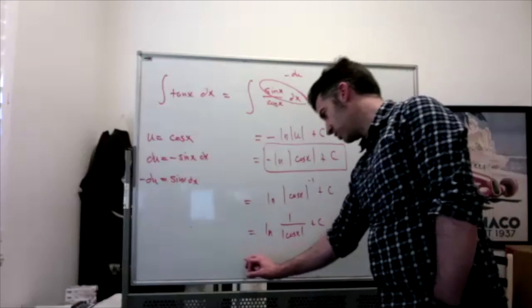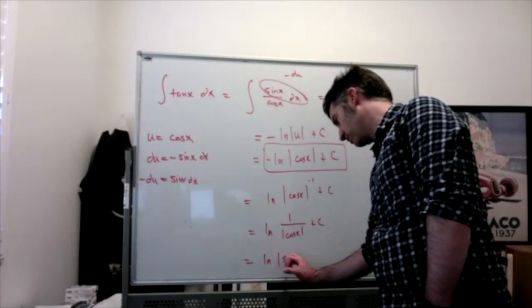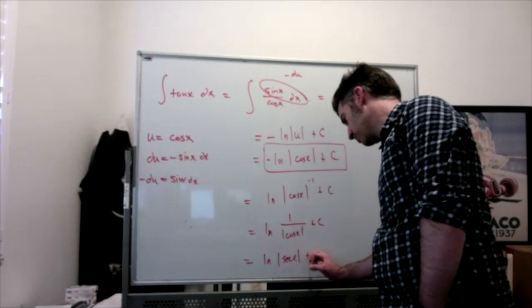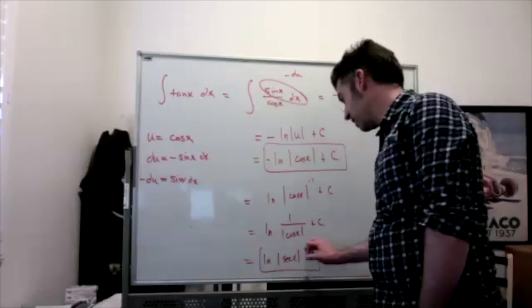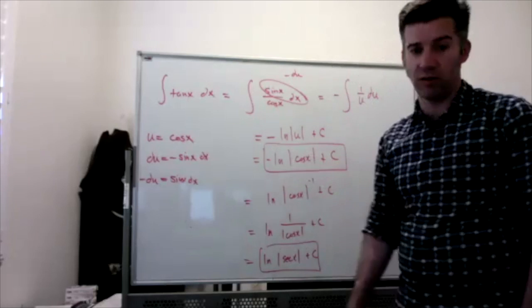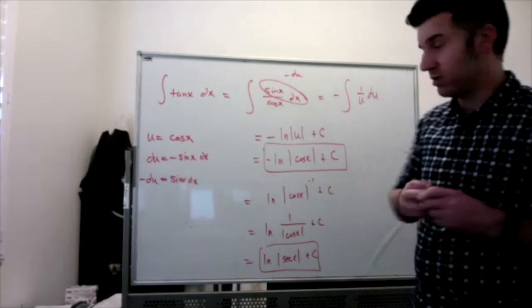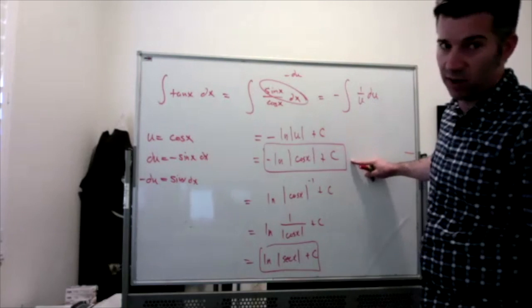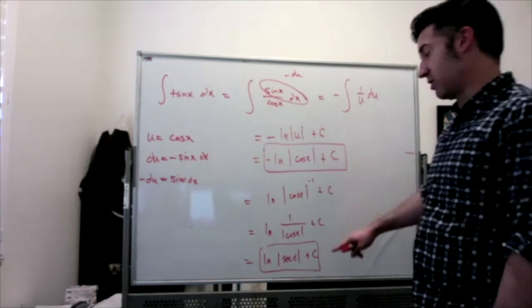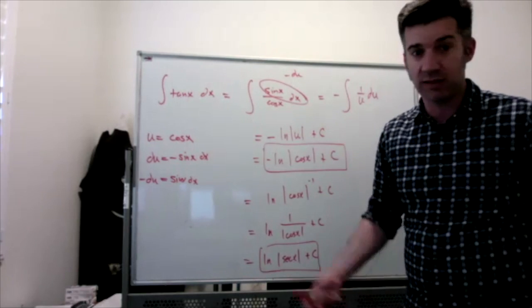But this is equal to the natural log of the absolute value of secant of x. The reason I mention this is because both ways are considered correct ways of writing the answer, and both are often written. Sometimes we like to write it this way as negative natural log of the absolute value of cosine of x. Sometimes we like to write it this way as the natural log of the absolute value of secant of x. They both come up.